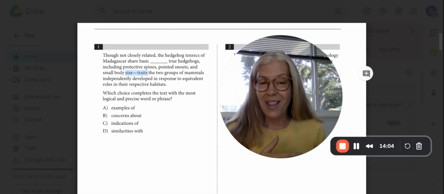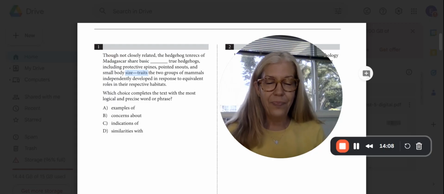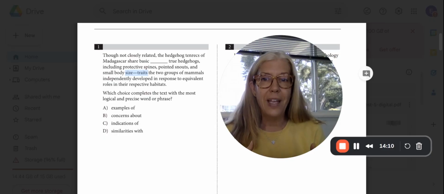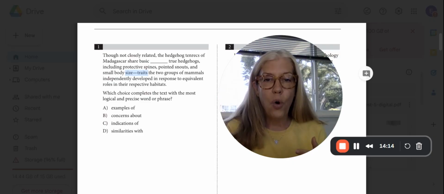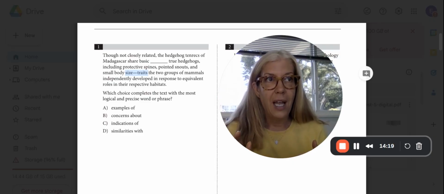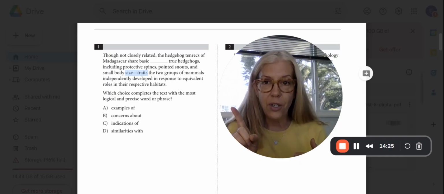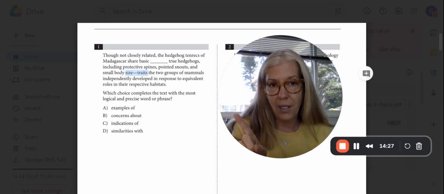And then they went in and they yapped even more about these traits. You see that? So this is like a really, really good look at an M dash. It opens with an M dash at traits and it closes with a period. That's the thing you do have to remember about an M dash. That's really, really important to remember. An M dash opens with an M dash and closes with a period, just like this.